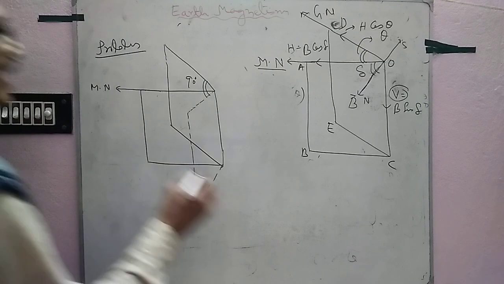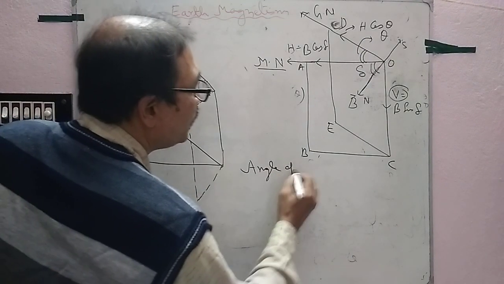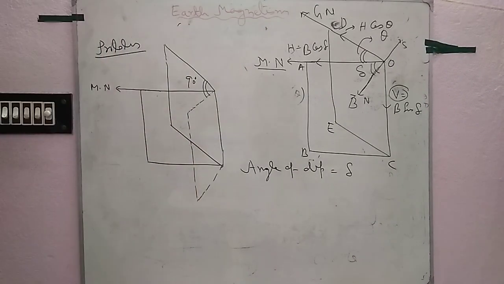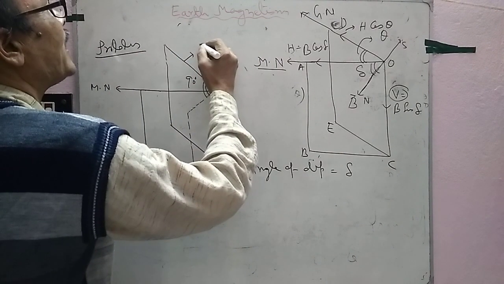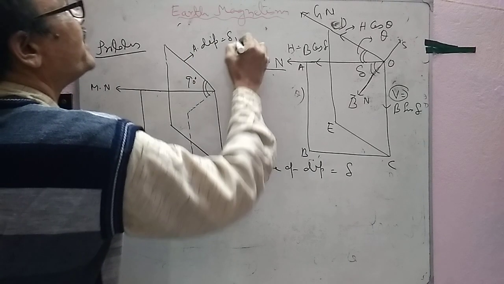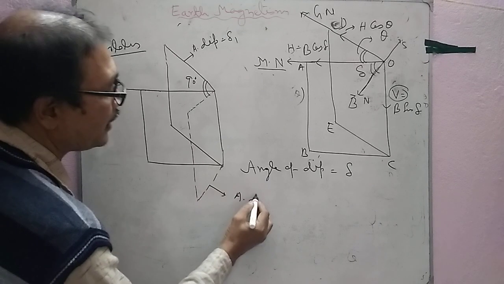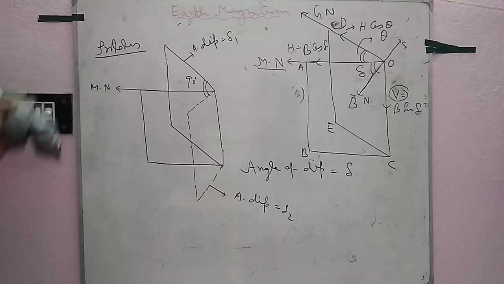If the angle of dip is sigma, and in this plane the apparent angle of dip is sigma 1, and in this plane the apparent angle of dip is sigma 2, then what will be the relation between sigma 1 and sigma 2?